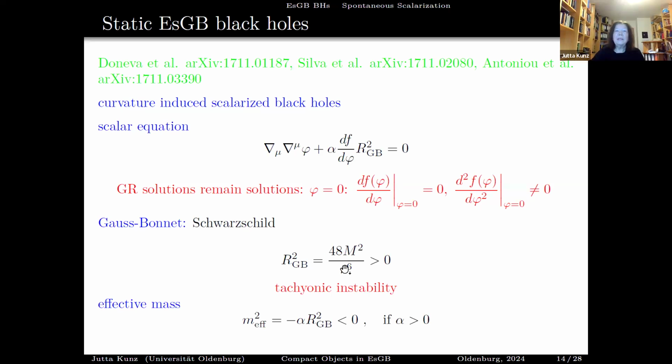And here you see how it looks for Schwarzschild. So we have a positive function, because it really depends on the mass and the radius, and increases as we go towards the horizon.